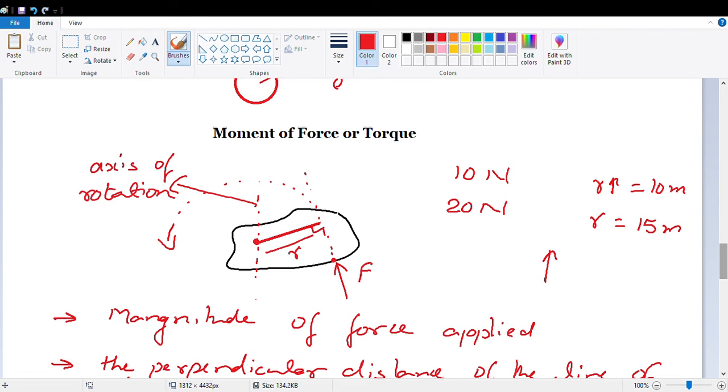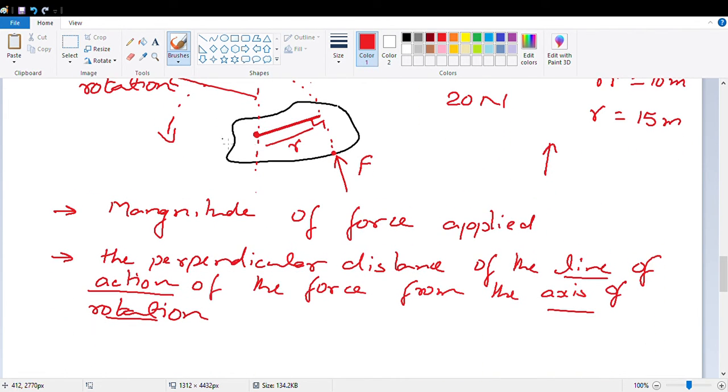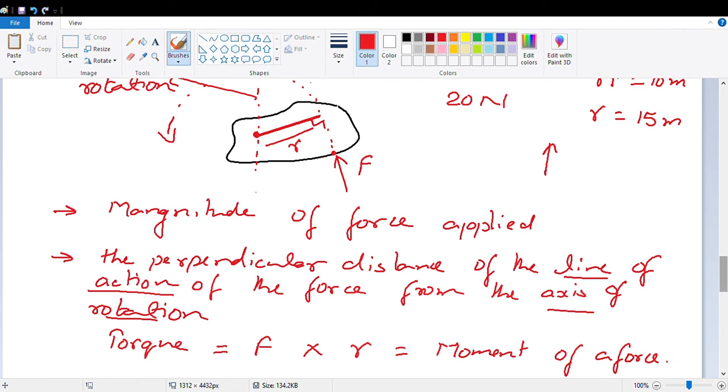Practically it is found that the rotation of the body is caused by these two effects, and if you multiply force and the distance r, then the quantity obtained is called your torque, or we say it is the moment of a force.